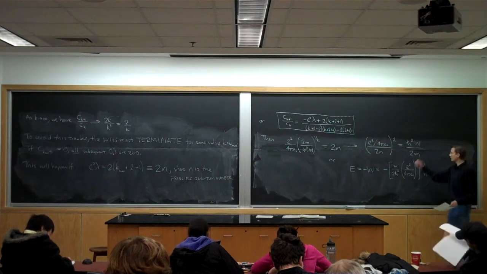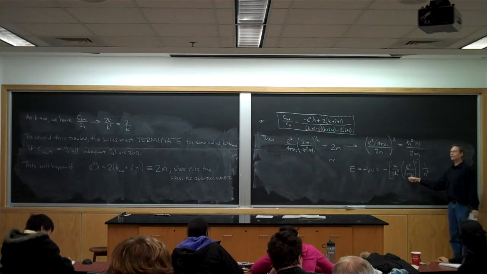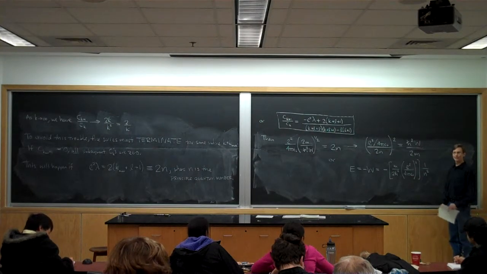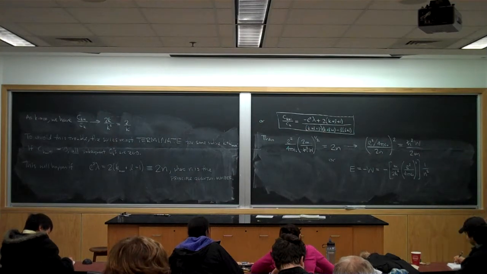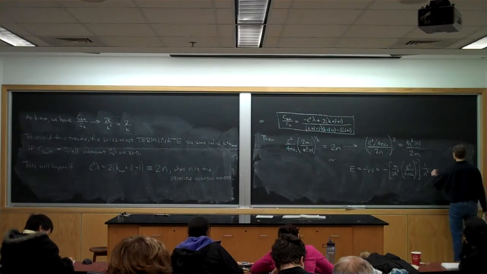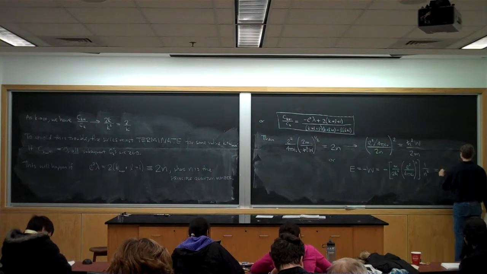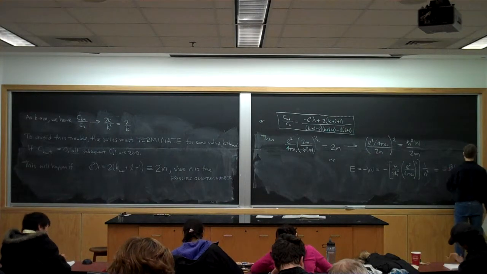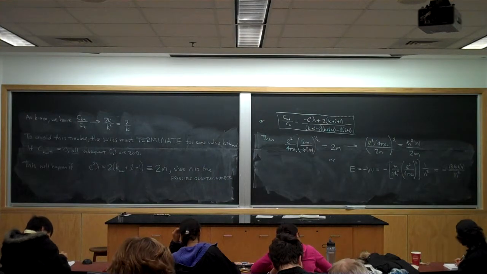And if you plug in all those values and convert to electron volts, what do you guess you get? 13.6. That magic number 13.6. This is equal to minus 13.6 electron volts divided by n squared.